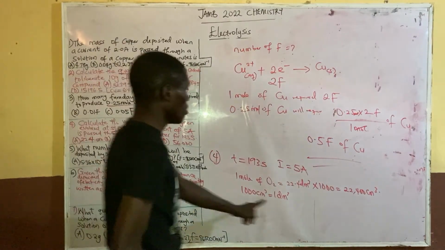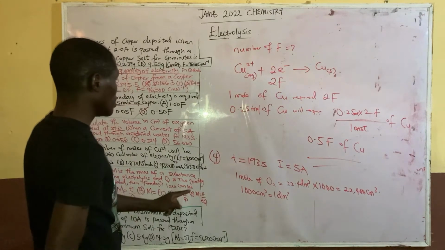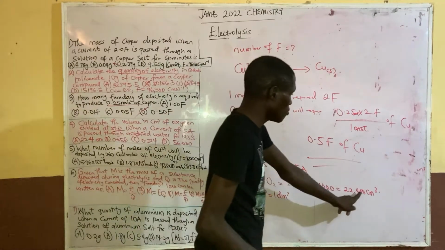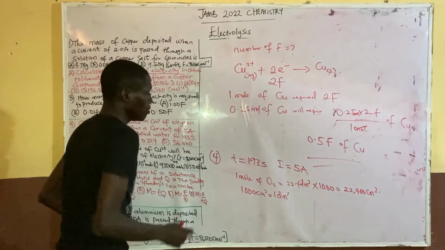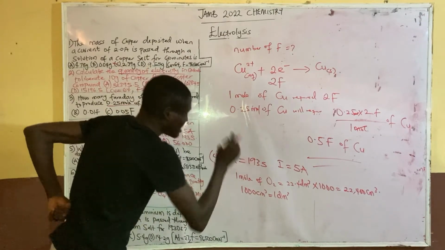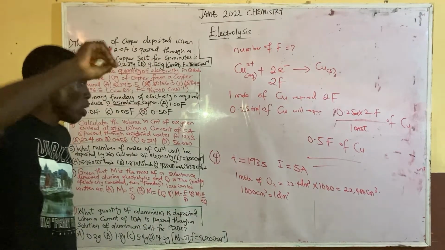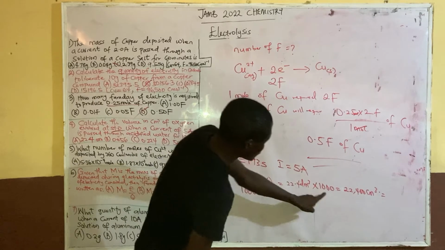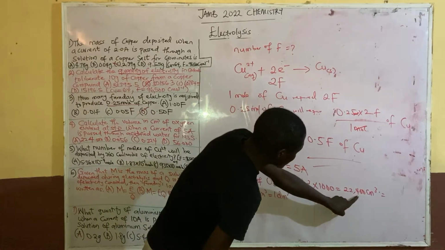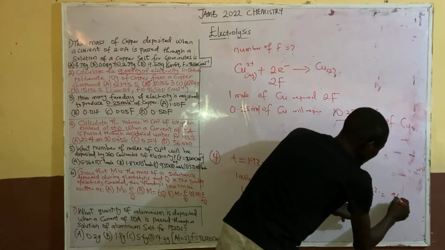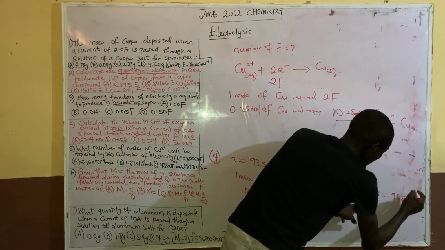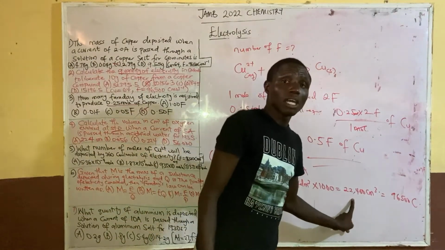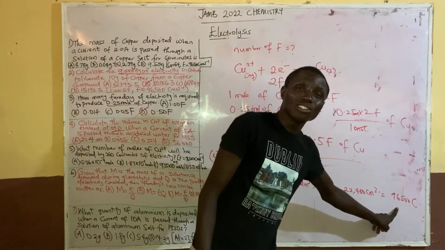Now, 1 mole of oxygen is equal to 22,400 centimeter cube. It's also equivalent to 96,500 coulomb. Please know that 1 mole of oxygen is equivalent to 22,400 centimeter cube, equal to 96,500 coulomb.